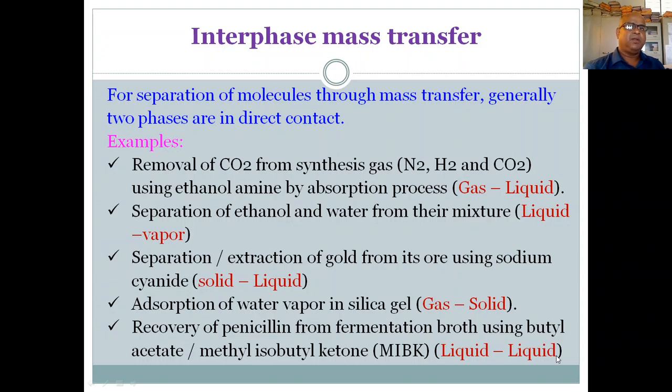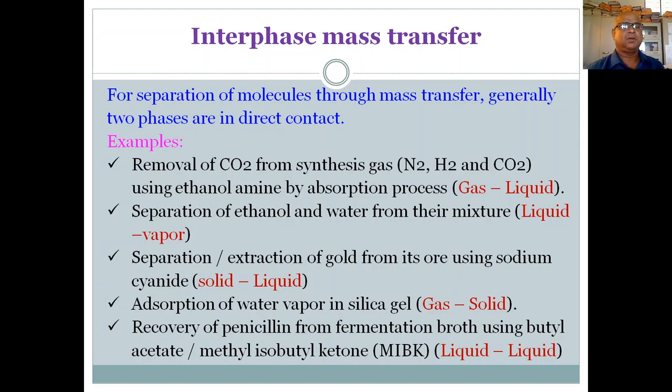So in all the practical examples we have taken, what is happening in reality is that 2 phases are in direct contact. Actually, separation in a single phase is economically not feasible, because the separation is so low that it is not acceptable from an economic point of view.